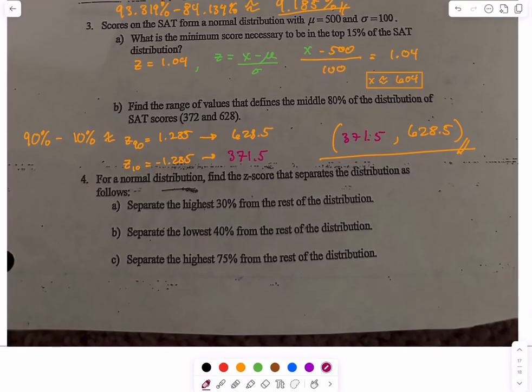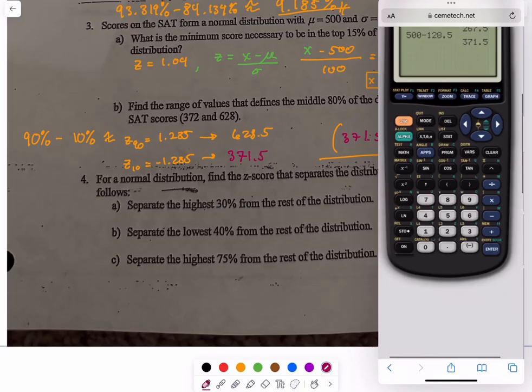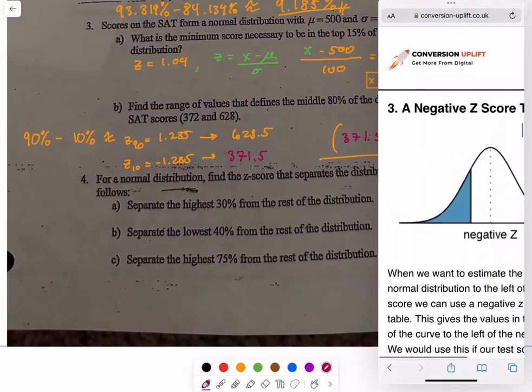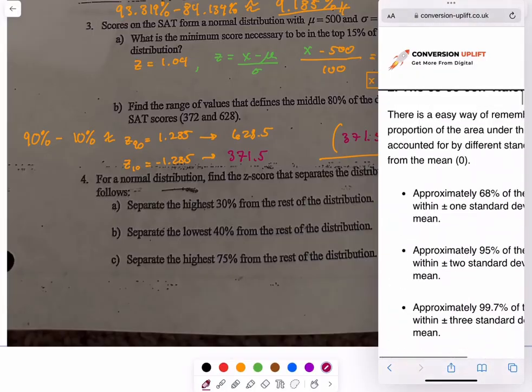Okay. For a normal distribution, find the z-score that separates the distribution as follows. The highest 30% from the rest. So the highest 30% means your z-score is at 70. So from the chart, if we're at 70, it's going to be in our positive chart because we're above 50.